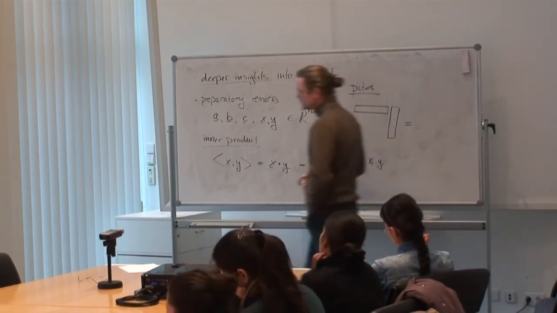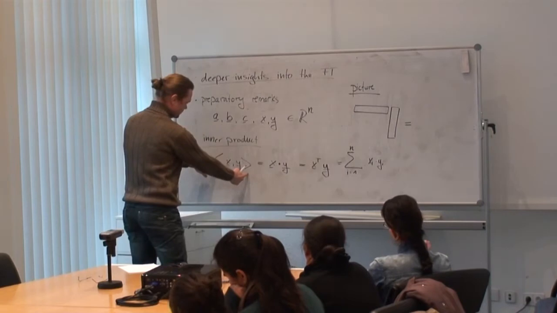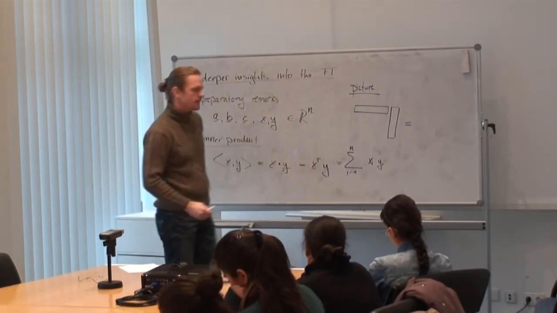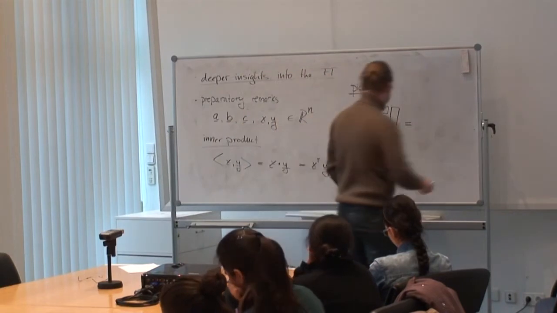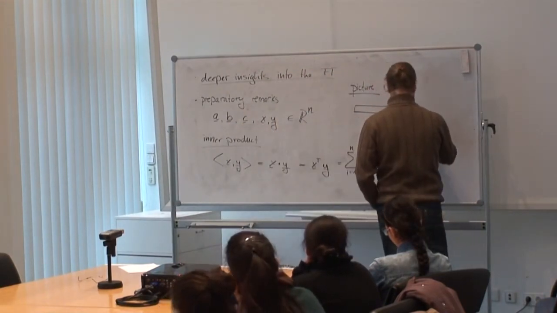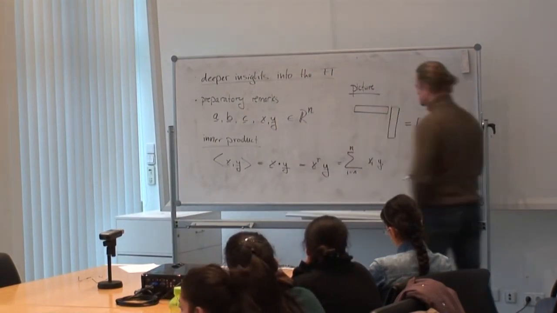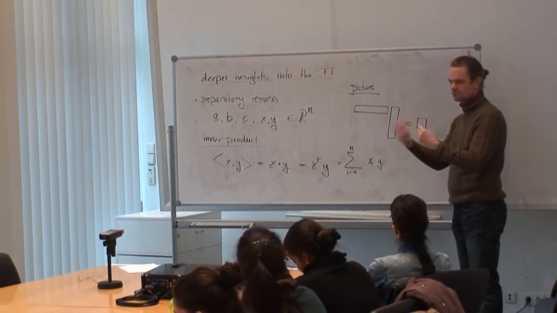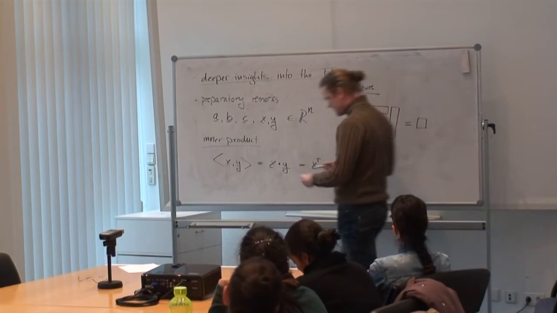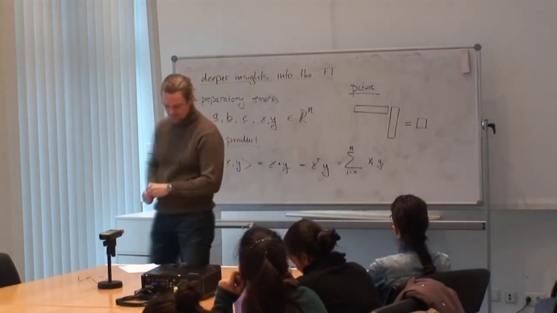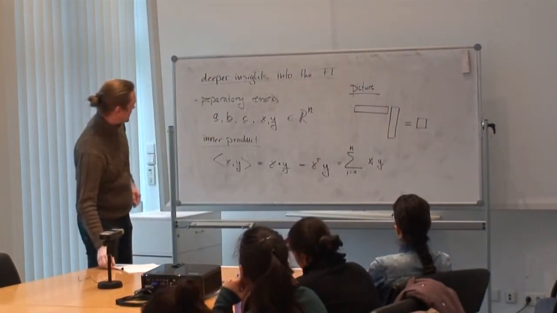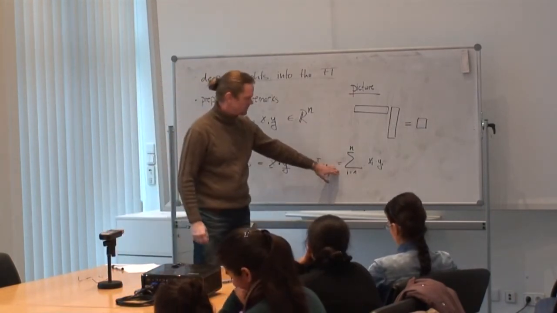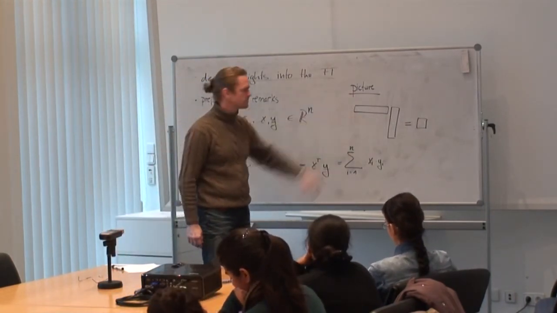So the inputs to this function inner product, either dot or this bracket thing here, are two vectors, and the output is a number. Right, so this is supposed to be just one thing. These are n things, and this is one thing. So there you have it. These are ways of writing down the inner product. This is what the inner product really is, and this is how we can picture it.